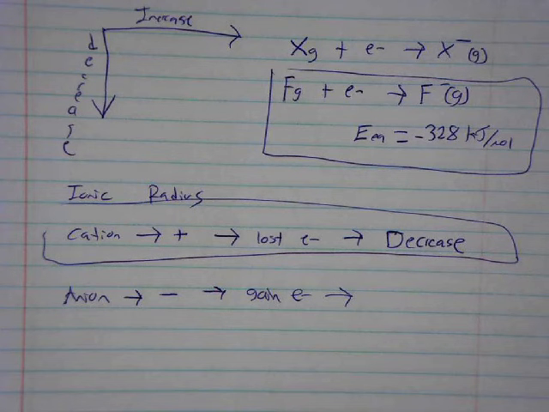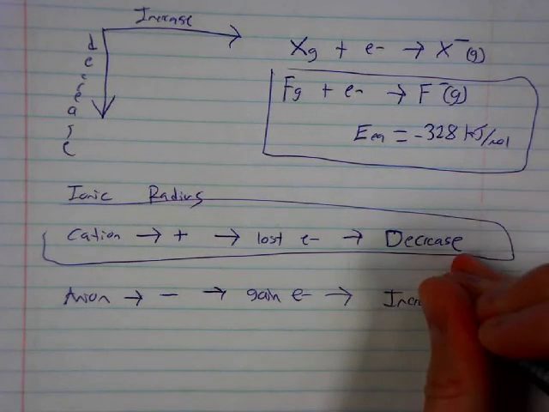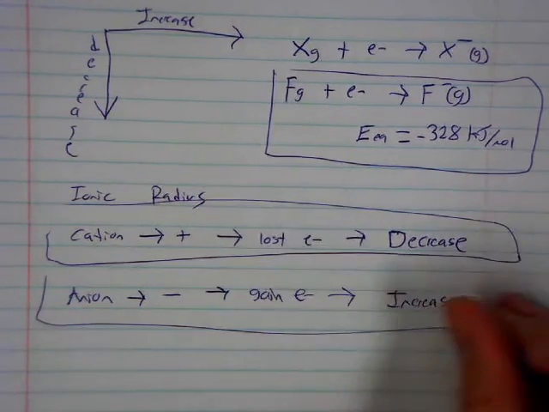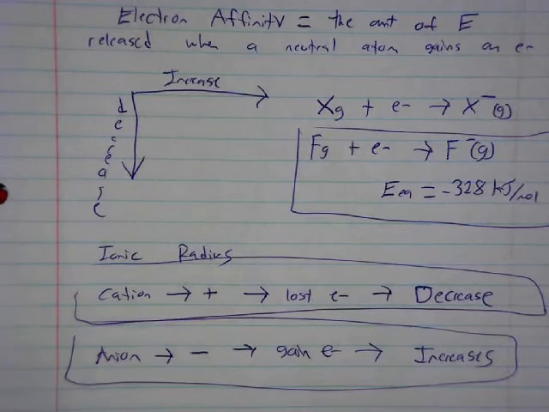Same amount of protons also. So for an anion, as I'm gaining more outer electrons, they want to repel further away. That is why an anion gets larger. An anion gains electrons, so it increases.